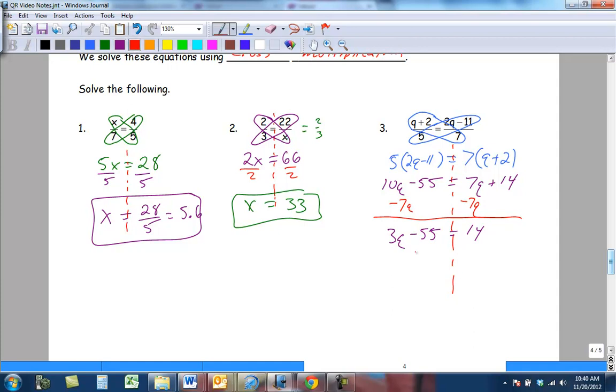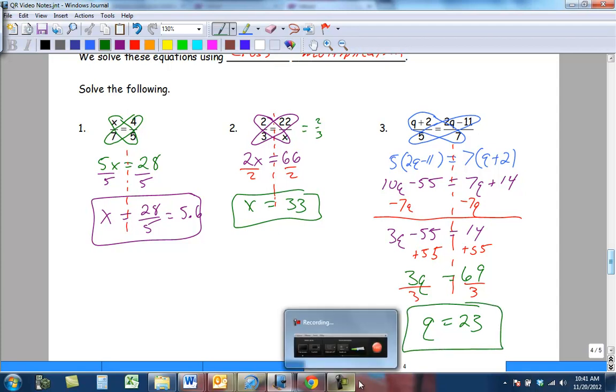You're going to add 55 to both sides, get rid of addition and subtraction. So now you got 3q equals 69. Then you're going to divide by 3 on both sides, and you get q is 23. And that's how you solve proportions.